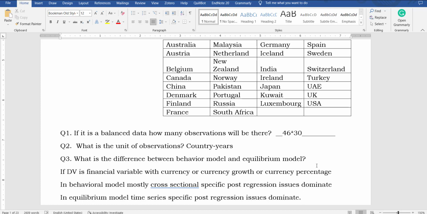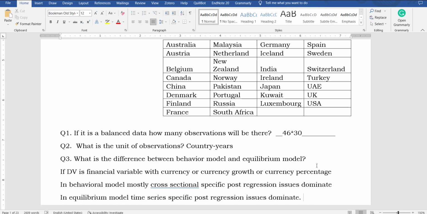So it means you try to make a model: if it is a behavioral variable, you will try to make a model that addresses most of the cross-sectional problems. People use GMM, or instrumental variable regression, or static panel data models like fixed effect, random effect, or any other similar models.